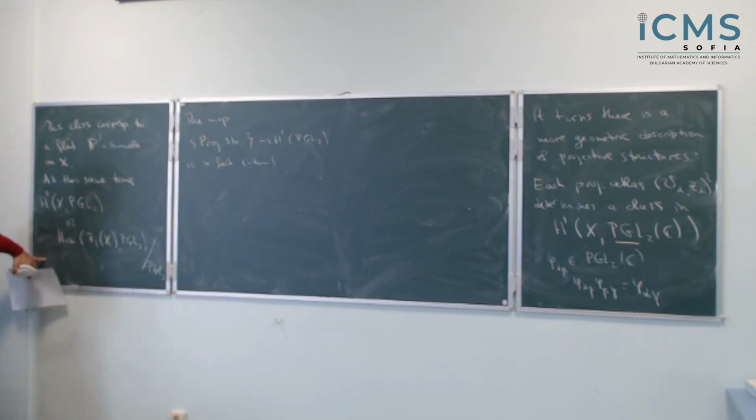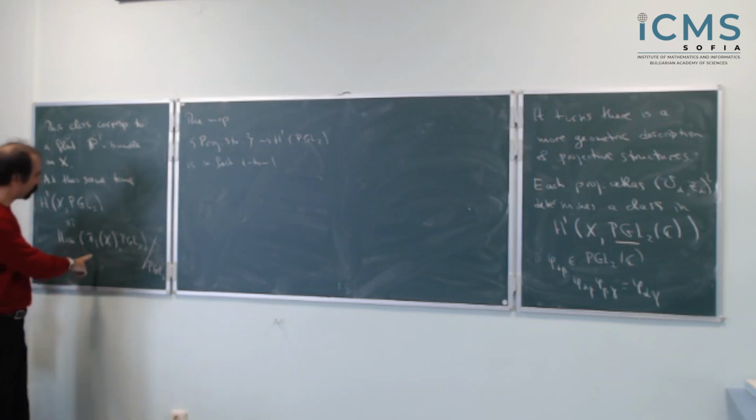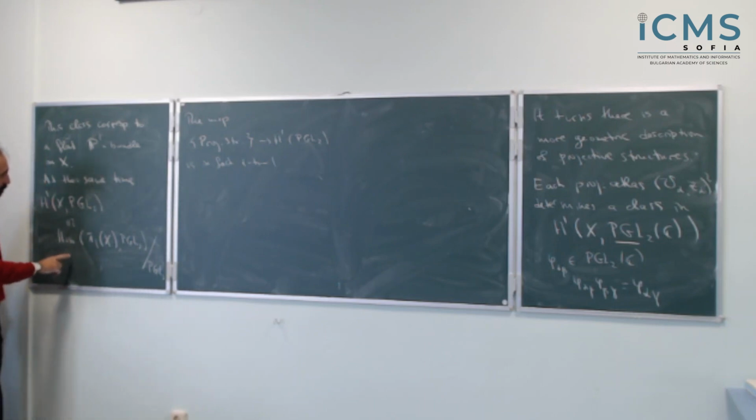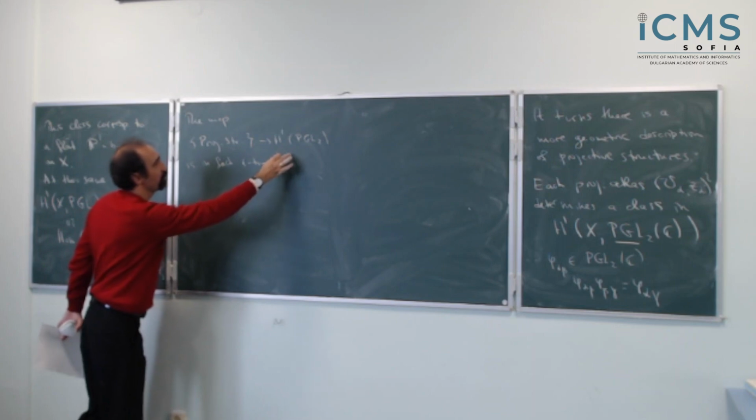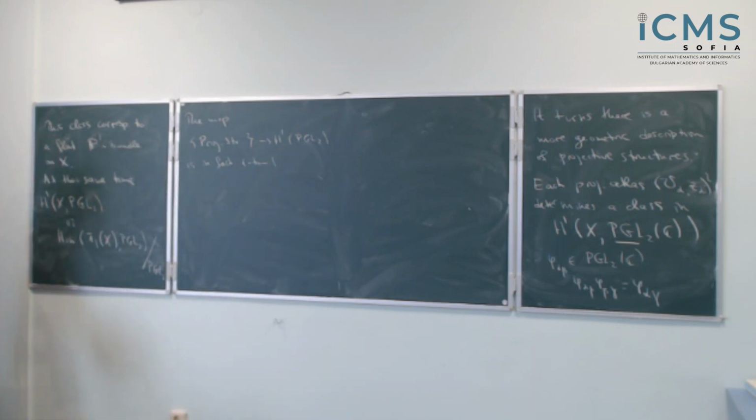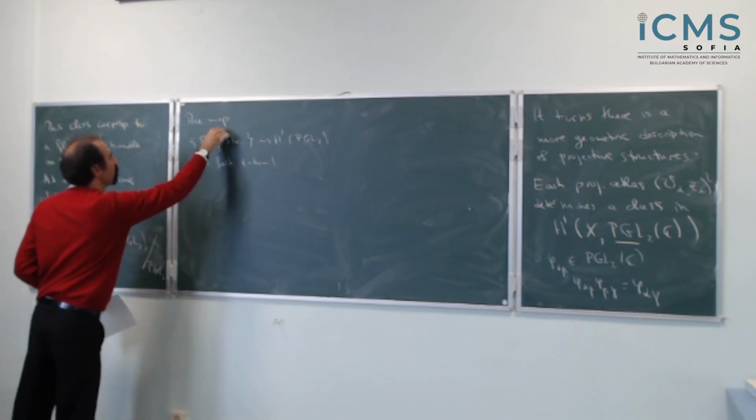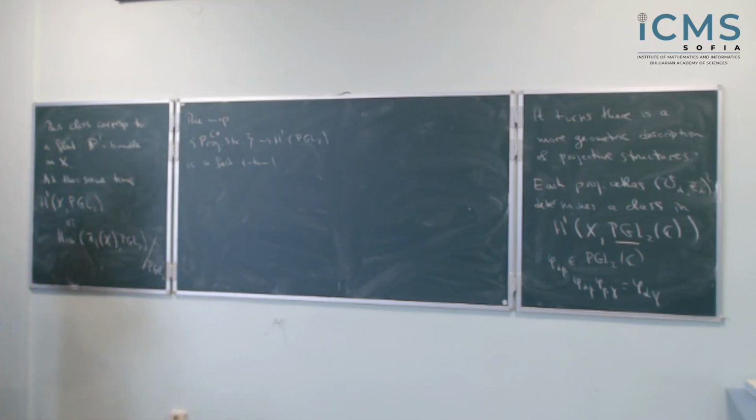The space of projective structures has half the dimension of H1. If we work with real projective structures, that are not compatible with the complex structure, the map is not one-to-one. But if we use complex projective structures, the ones that we've been talking about, then it is in fact one-to-one.